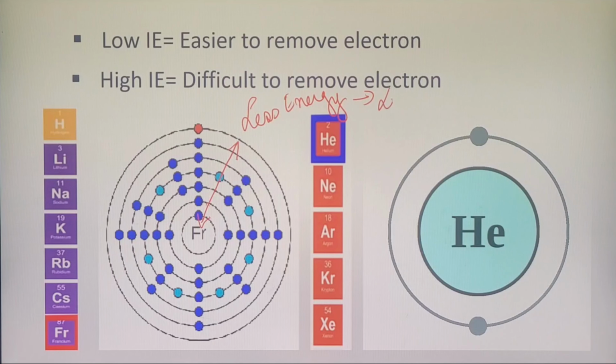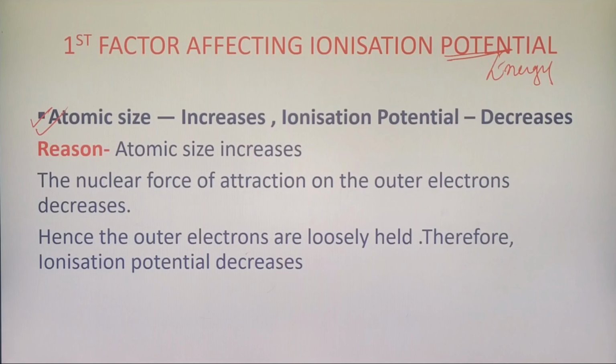So when I say less energy, I mean less ionization energy. So can you see here, children? As the atomic size increases, what will happen to the ionization energy? The larger the atom, the less will be the energy that I have to provide. So the lesser the energy, that means ionization energy decreases.